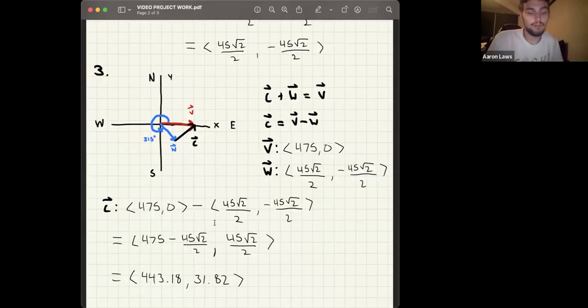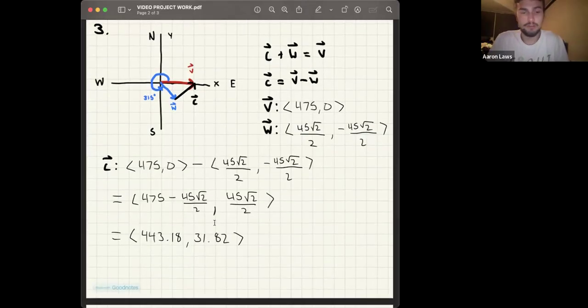We do that direct component subtraction, so our x component ends up looking like 475 minus 45 times square root 2 over 2, comma, and since it's minus a negative, we end up with a positive 45 times square root 2 over 2.